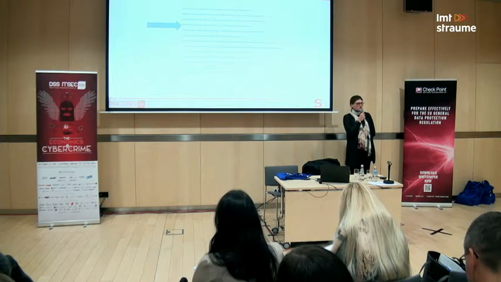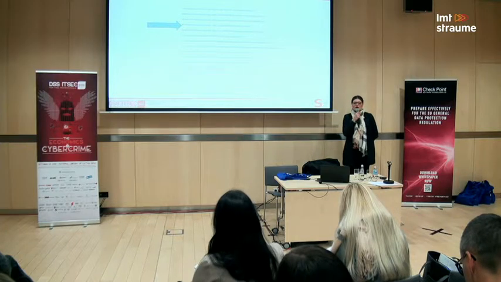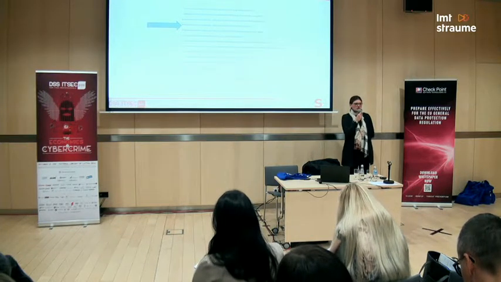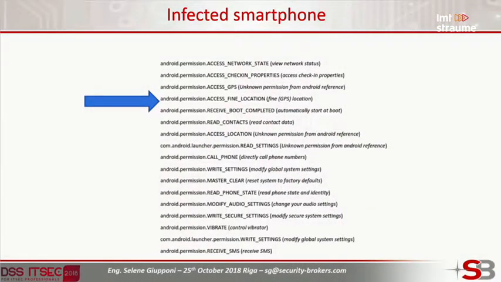The victim went to the police to say, I have a problem, someone insulted me through SMS, but the owner of the phone knew nothing about it. And we discovered that someone manipulated this phone and sent SMS to the victim without any permission. So this kind of attack could happen to everybody, unfortunately.